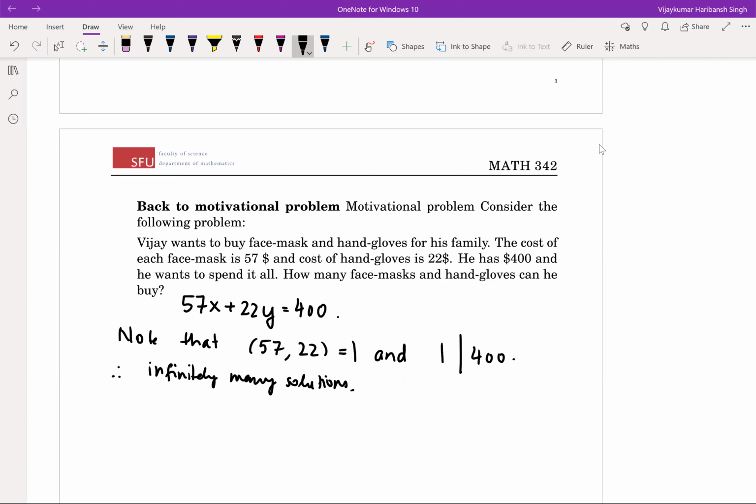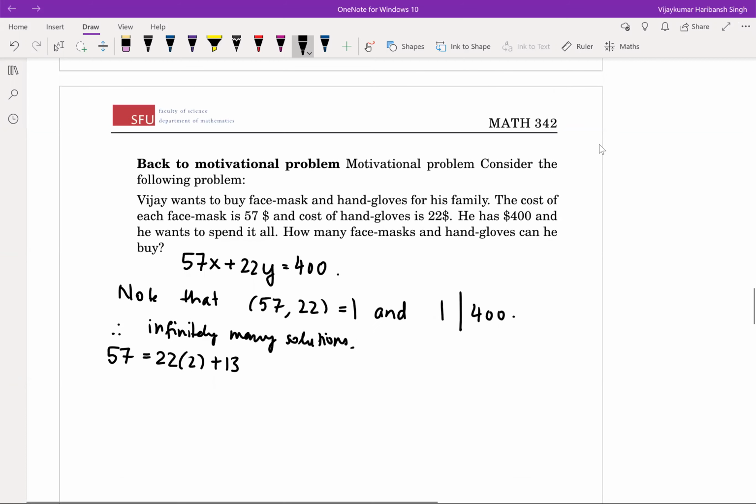So how do you go about it? First you write the extended Euclidean algorithm. So you have 57 equals 22 times 2 plus 13. This gives me 22 equals 13 times 1 plus 9.